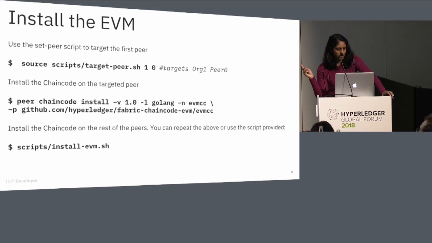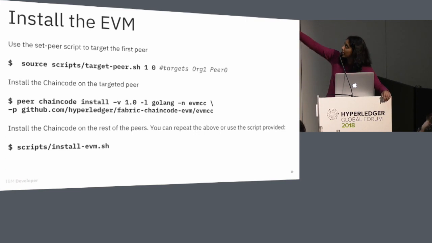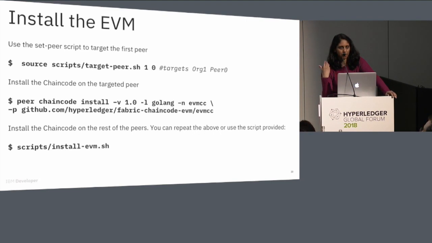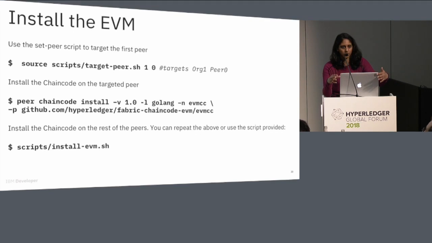So the first thing you want to do is run scripts target peer.sh 1 0, so that it sets up the environment variables so the CLI knows what peer to talk to. And then the next step is peer chaincode install. We're going to just call it version 1.0. It really doesn't matter if you want to change that, just remember what you put.